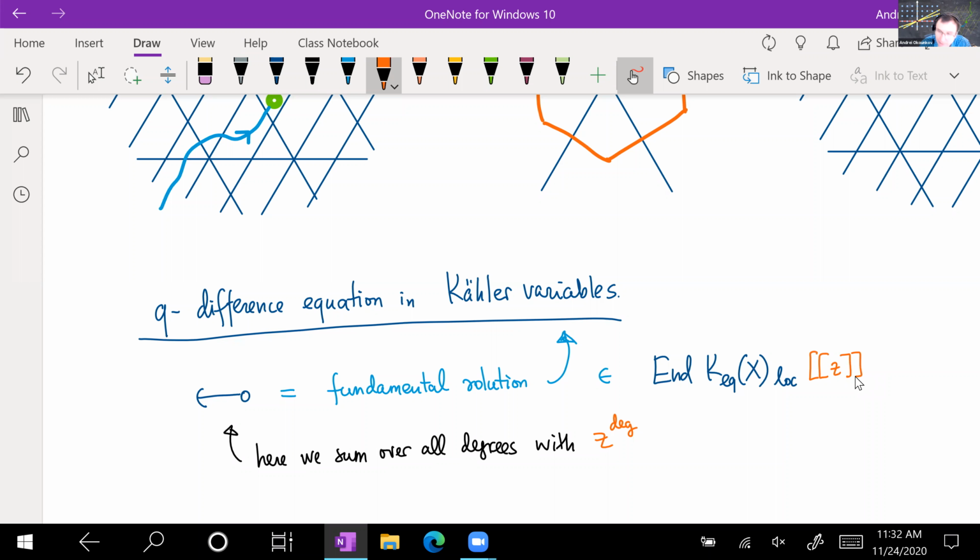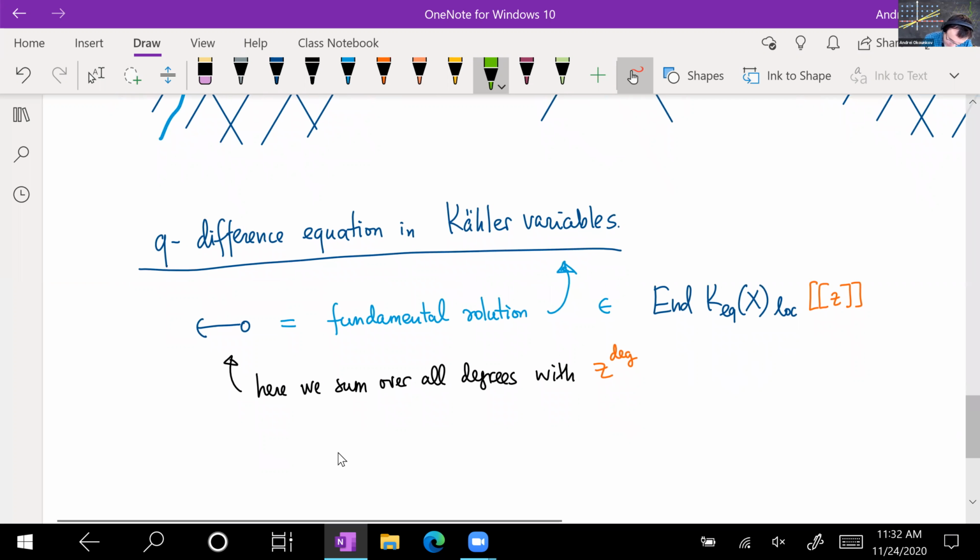This is where we expand, and it depends on the choice. As we discussed, this is one equation that serves all birational models of X. The equation will be rational in z, and so it serves all birational models.